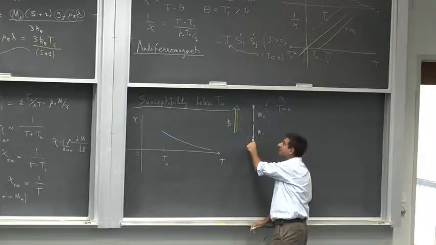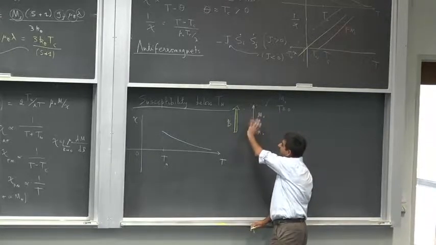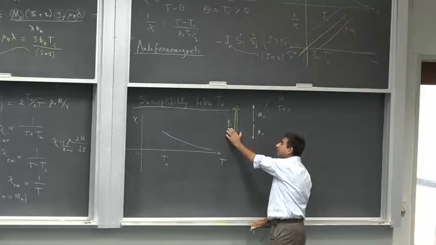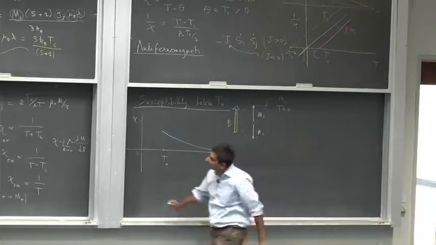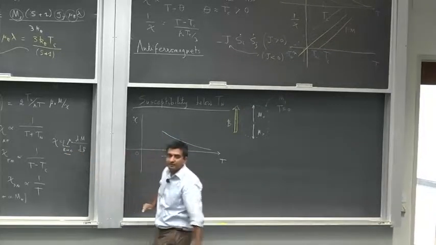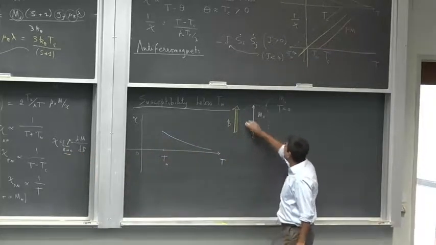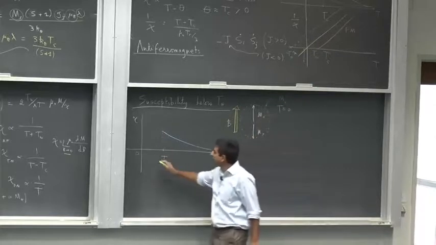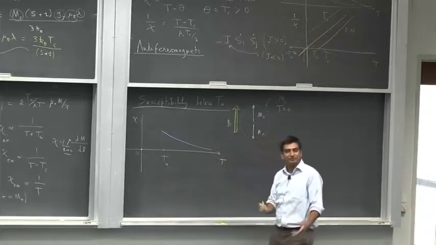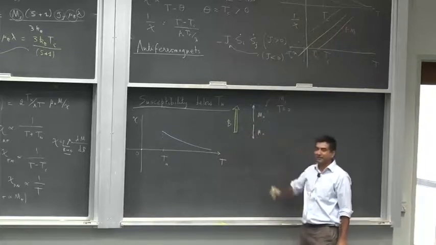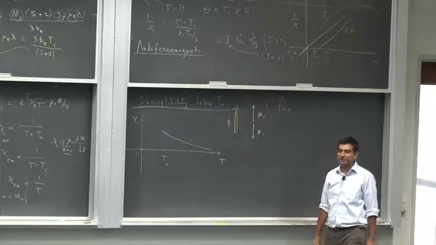So the magnetization is not going to change if we apply a small magnetic field in this direction. Remember, these are small magnetic fields. So the susceptibility of this configuration at 0 Kelvin is 0 if we apply the magnetic field parallel to the magnetization axis.